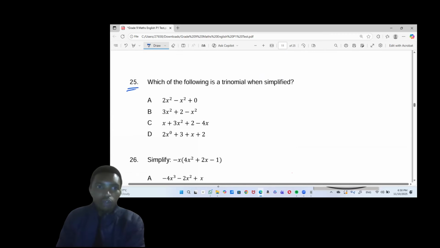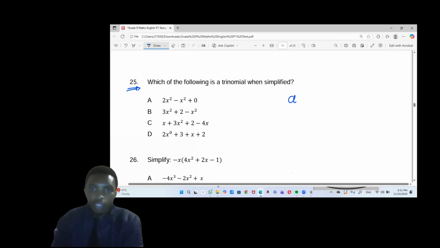And then coming to this one, they're saying, which of the following is a trinomial when simplified? Which is a trinomial here? Remember, a trinomial must have what?